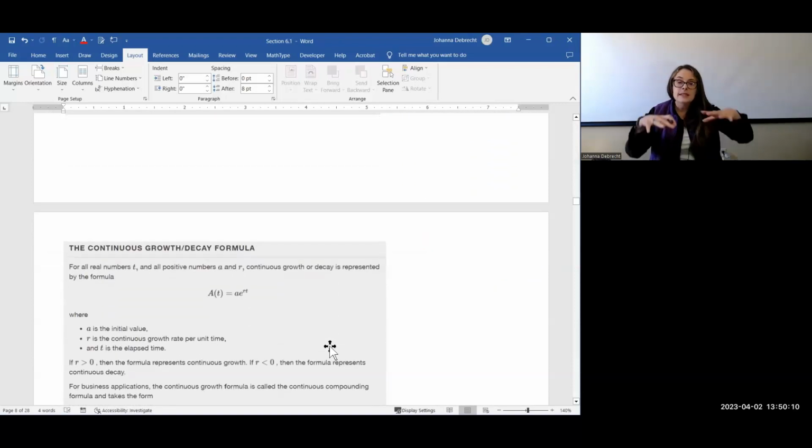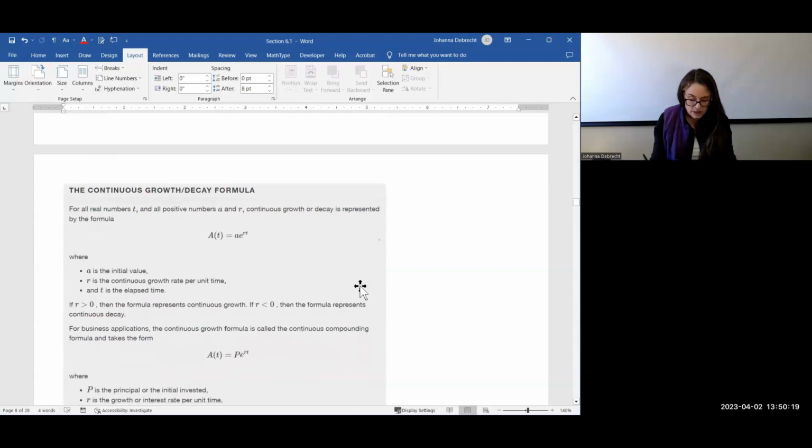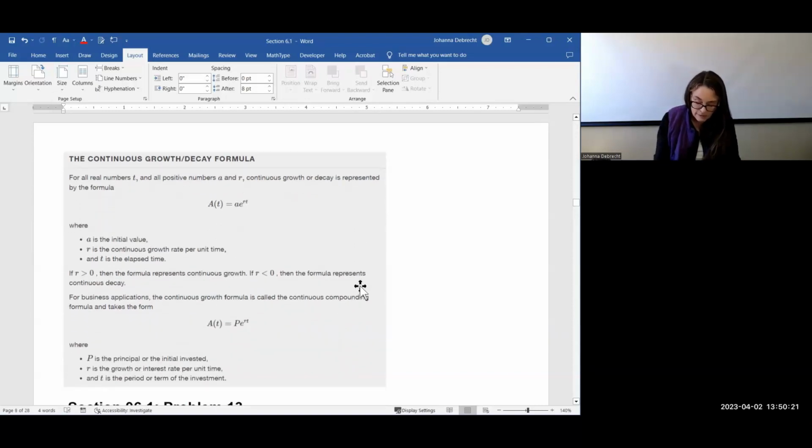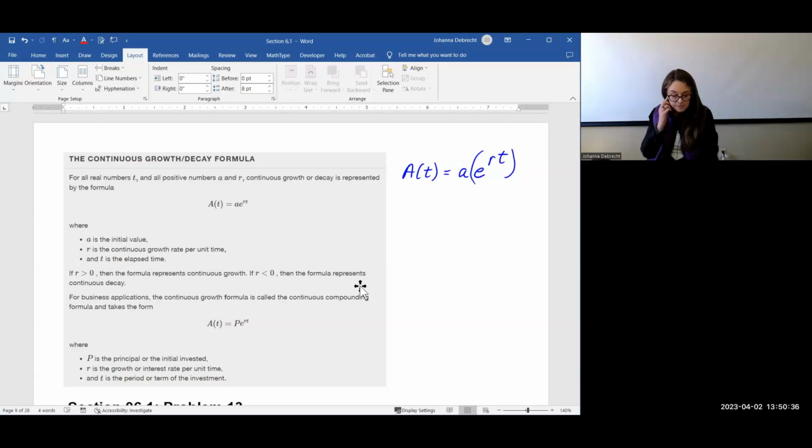So it replaces all of that (1 plus r over n) to the n on the inside. And we end up with this formula right here, which is the continuous growth or decay formula: the accumulated amount becomes the initial value A times e to the rt power. I like to write it like that.